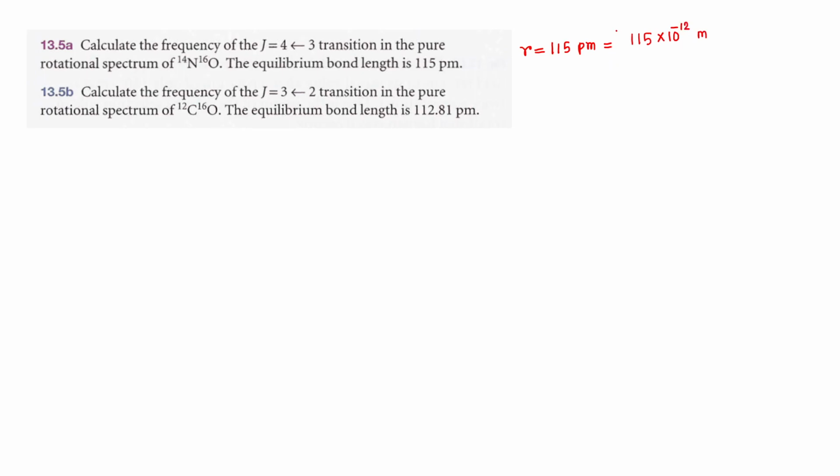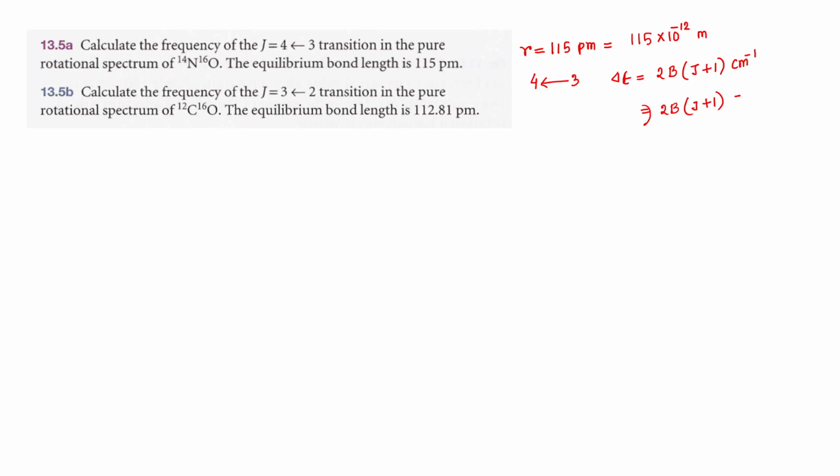What else is given? It is given that the transition is going from 3 to 4. So what is the energy? Delta E is 2B, what was the formula, J plus 1 centimeter inverse. So here we have 2B (J plus 1).